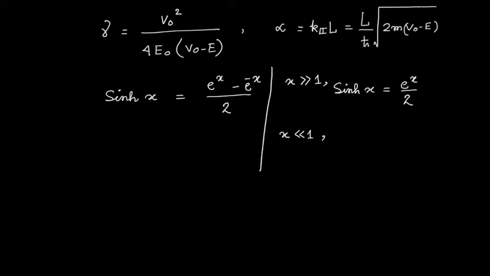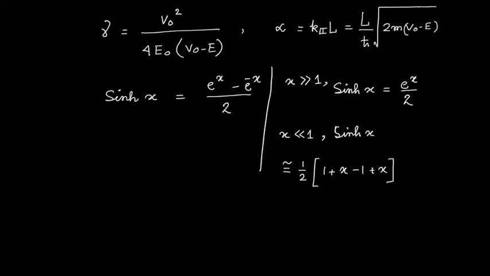And in the opposite case, if x is much less than 1, then we have to expand e to the x. So sine hyperbolic x will be half, but then e to the x is 1 plus x, and e to the minus x is 1 minus x.